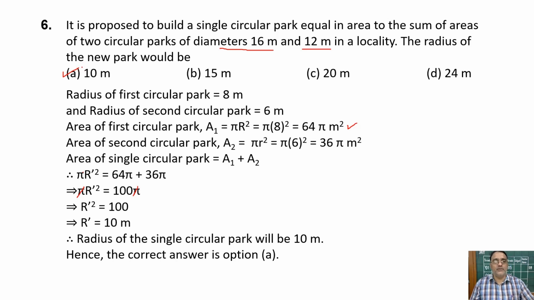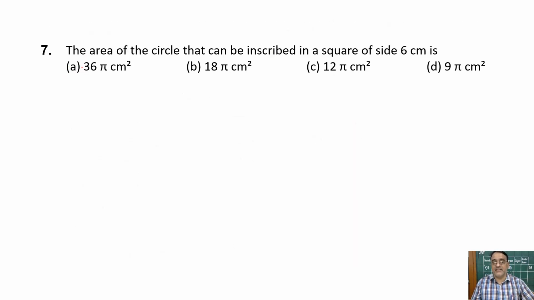Now we are moving toward question number 7. The area of the circle that can be inscribed in a square of a side 6 centimeter is dash. Okay.